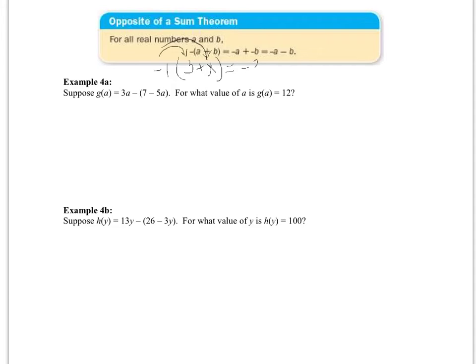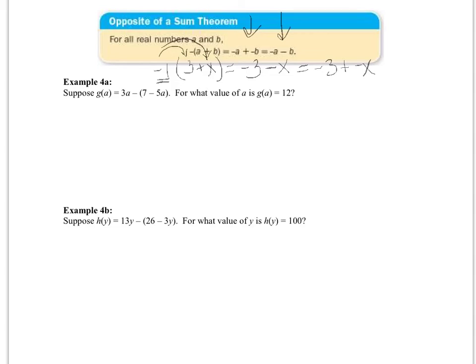So it would be -3, because -1 times 3 is -3, and then -1 times a positive x is a negative x, so minus x. Or you could write it as -3 plus a negative x. That is the same thing, and that's what they're saying for both of these. Just using numbers instead of a's and b's.